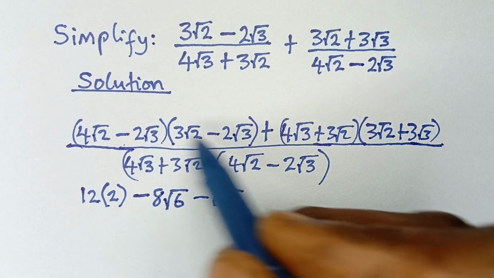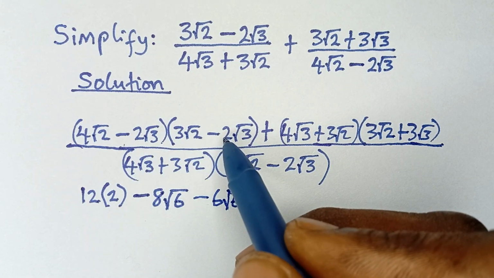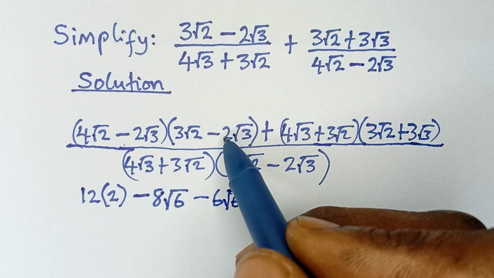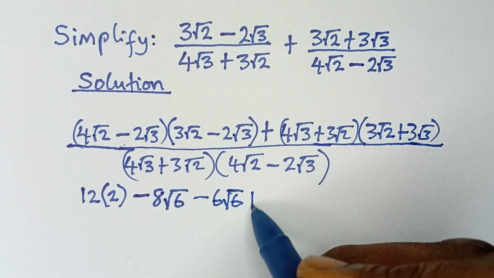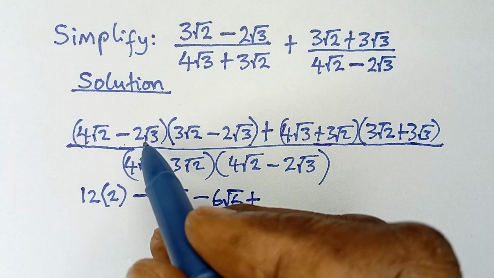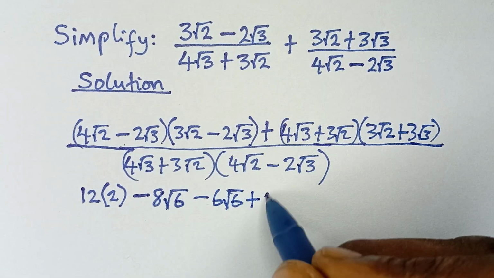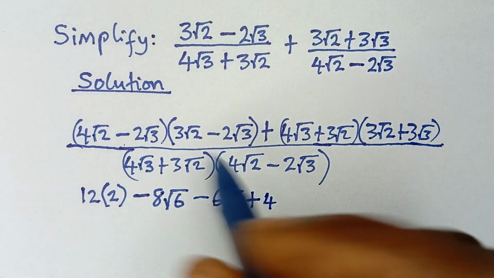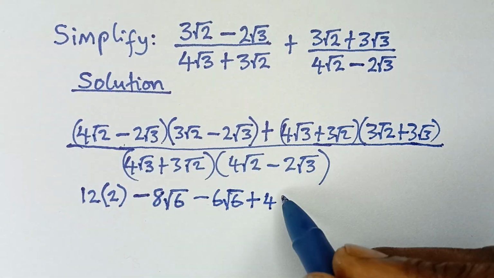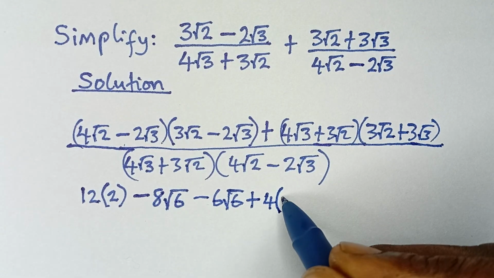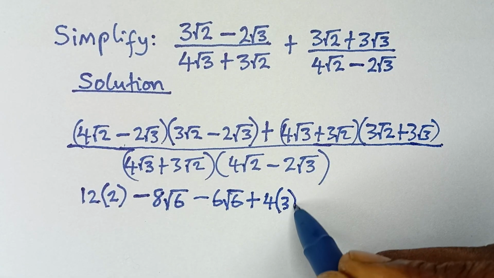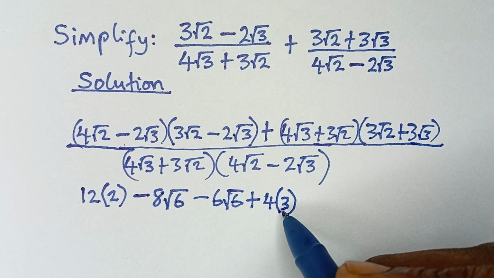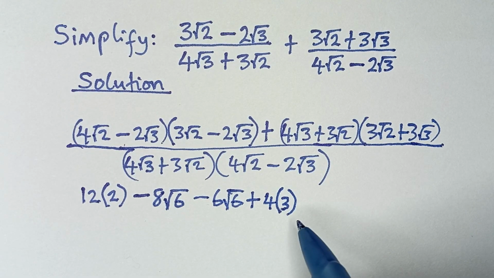Then this multiplied by this, negative multiplied by negative, and you are left with a positive sign. So this will become positive. And then 2 multiplied by 2 is 4. The negative sign multiplied by negative sign has become positive. Then root 3 multiplied by root 3, since they are the same, you simply take just the 3 in the root sign. So that will be 4 multiplied by that.